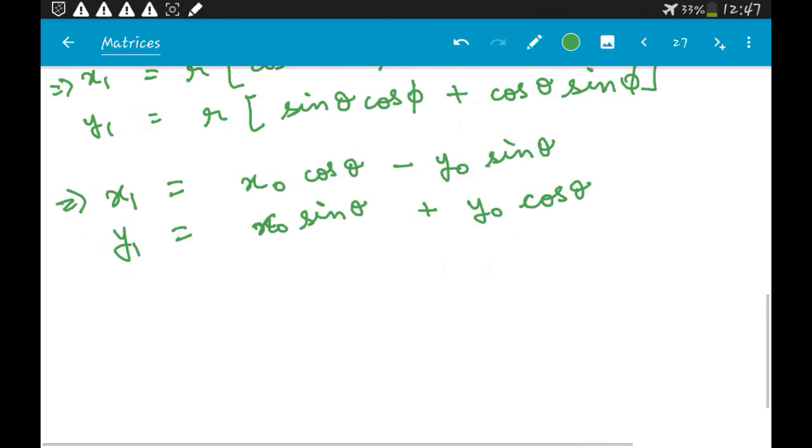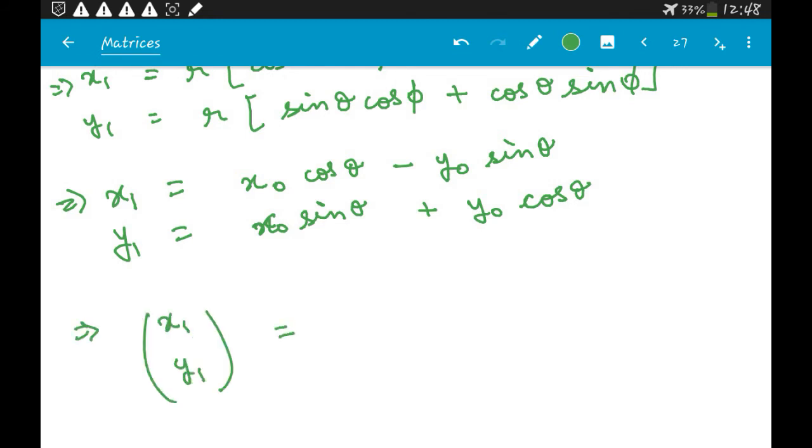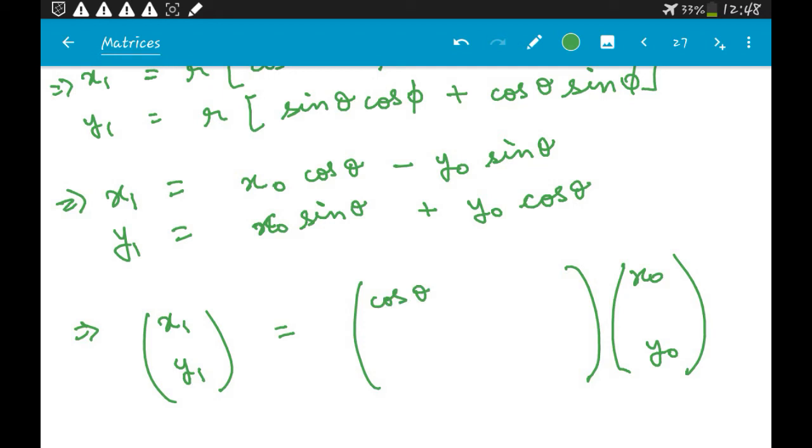Now you can write this in matrix format. So x1 y1 is nothing but a matrix times x naught, y naught. Here you have cos theta, minus sin theta, sin theta, and cos theta.